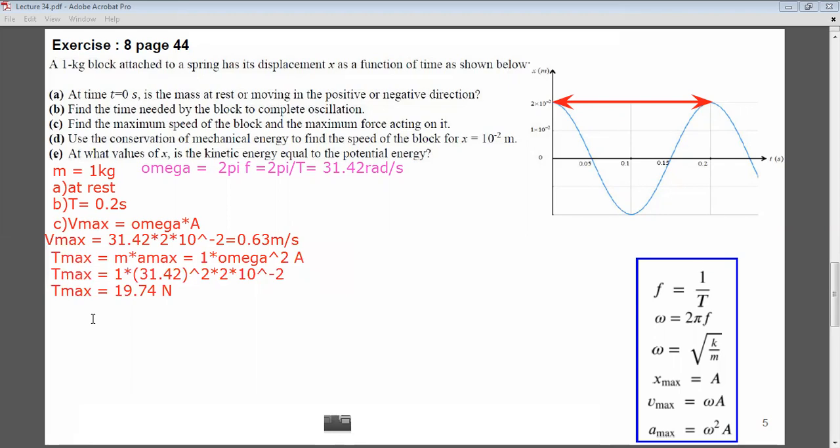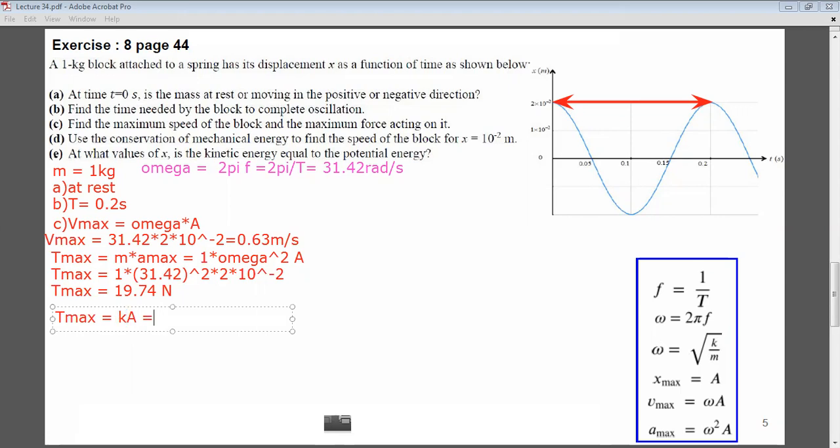Is there another way to get this T maximum? Yes, instead of M A maximum, use K times A. So another way to get it is to say T maximum is equal to K times X maximum, and X maximum is A. I have to get the K. I get the K from this formula, omega equal square root K over M. I square both sides, so I get omega squared.